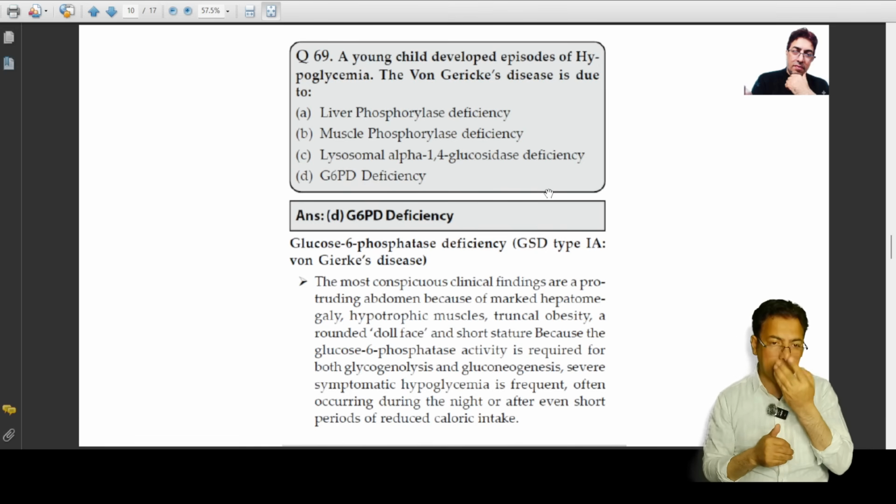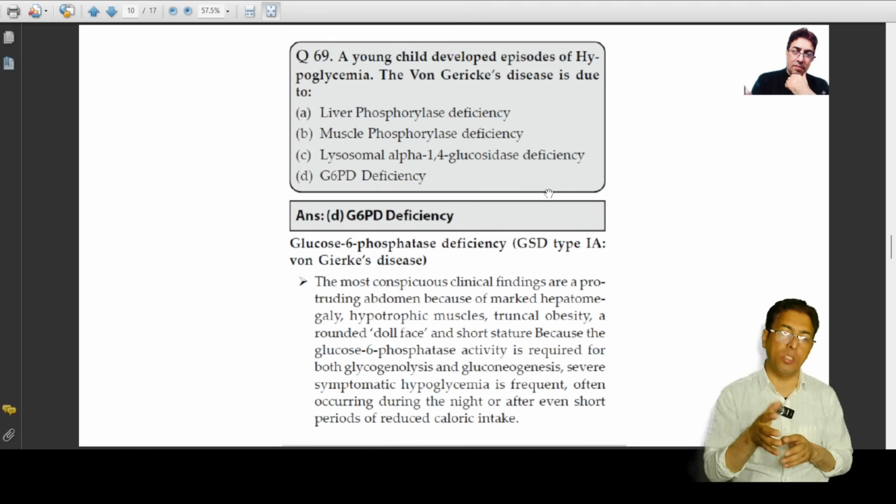As far as this is concerned, you are well aware that it is an important entity, and children usually present with abdominal distension, a protruded abdomen because of hepatomegaly. They have hypertrophied muscles, truncal obesity and doll-like facies. The enzyme which is deficient is glucose 6 phosphatase.